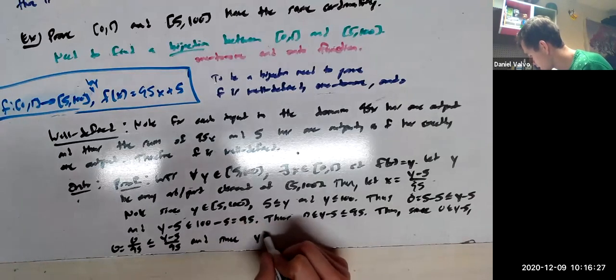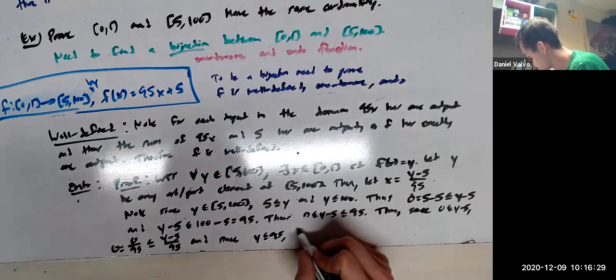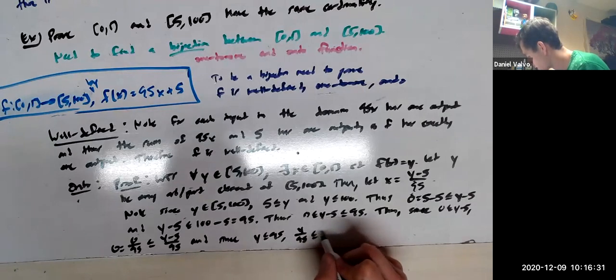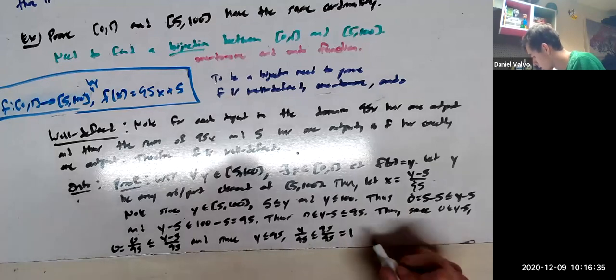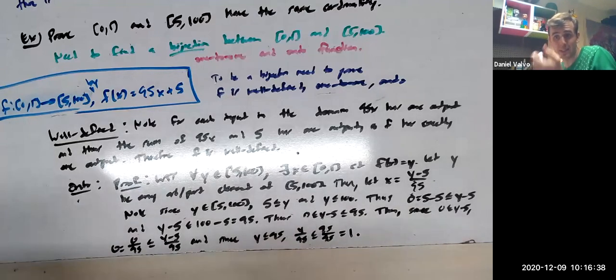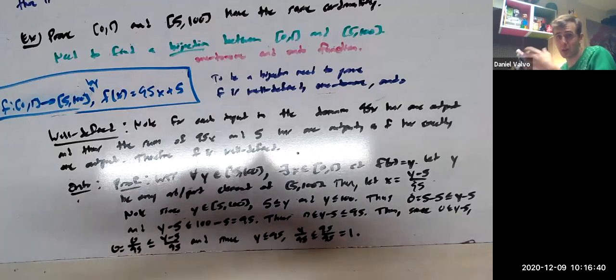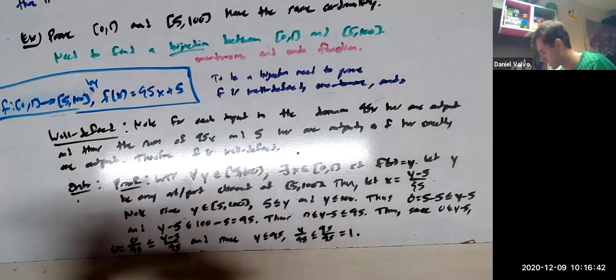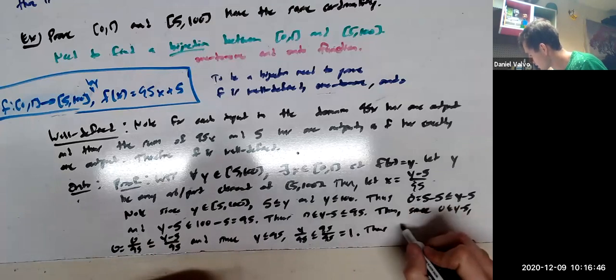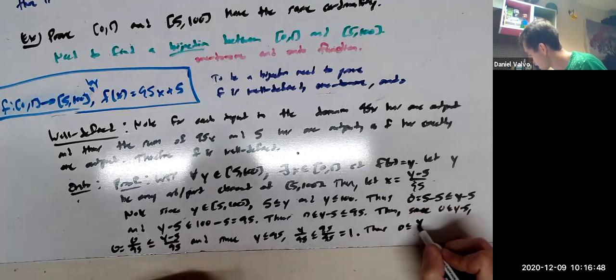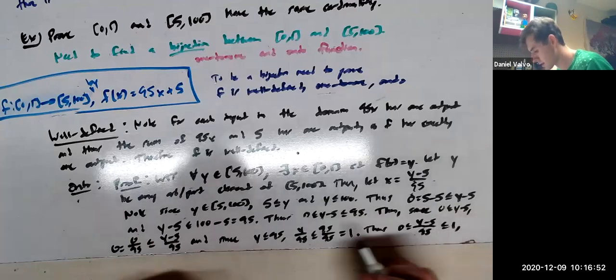And since y minus 5 is less than or equal to 95, y minus 5 over 95 is less than or equal to 95 over 95, which equals 1, by dividing both sides by 95 again. Since 95 is positive, when you divide by a positive number you don't have to change the signs. Thus, 0 is less than or equal to y minus 5 over 95, which is less than or equal to 1.